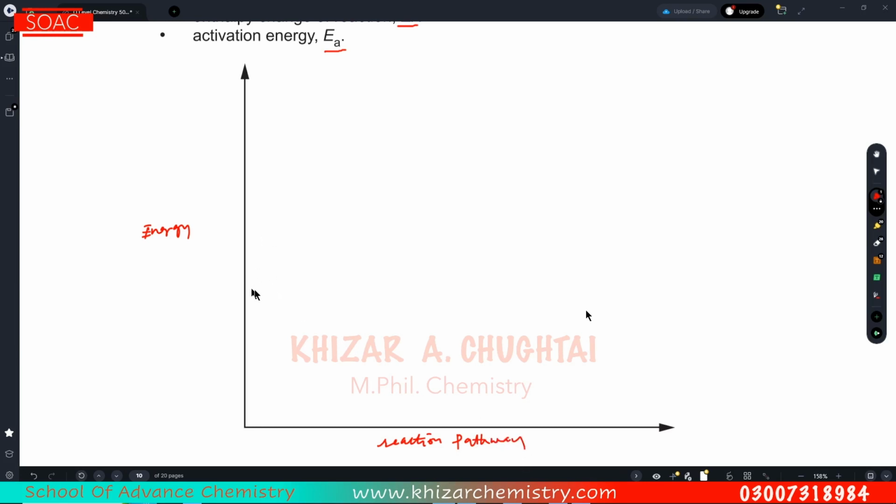Now I'm going to mark a line for the reactants. Reactants have to gain energy to cross the barrier, that is said to be energy of activation. And as the reaction is exothermic, the final energy of the products will be less than that of the reactants.